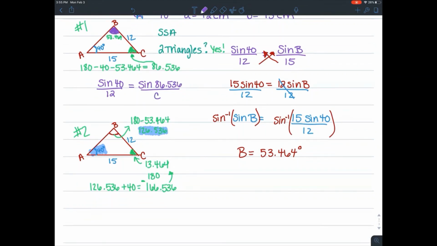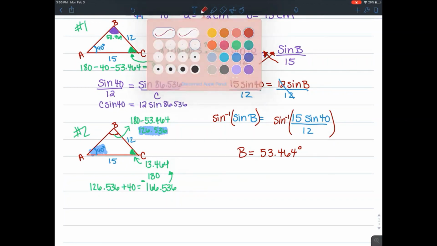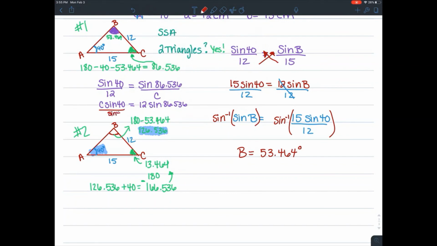You got to cross multiply. So you get C sine of 40 equals 12 sine of 86.536. And then I just need to divide my answer by sine of 40.